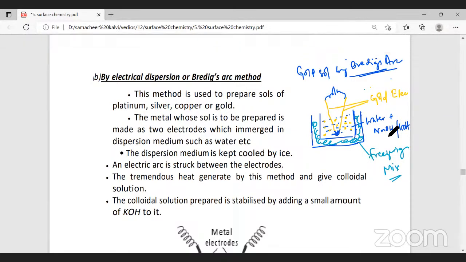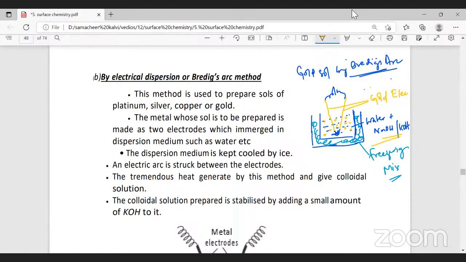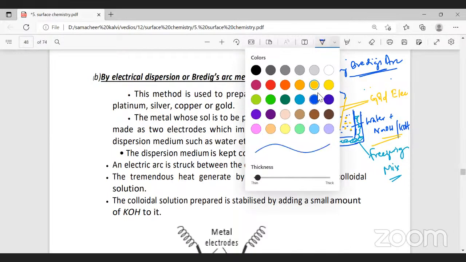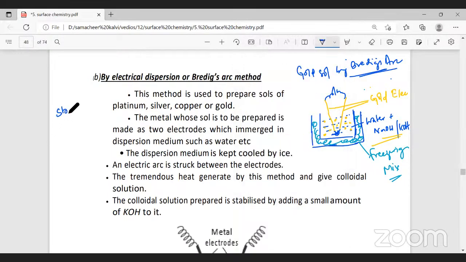Now, what is the function of NaOH or KOH? It has two functions here. One is as a stabilizing agent. If NaOH or KOH is not there, the gold particles will settle at the bottom and form a suspension.